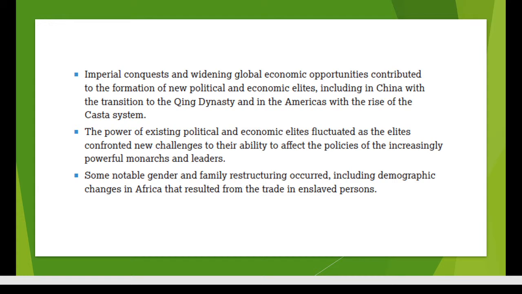Remember, the Spaniards would have those Castas paintings. Creoles were at the top. Those are pure-blooded Europeans. But because of the global trade opportunities, you are going to see economic elites.